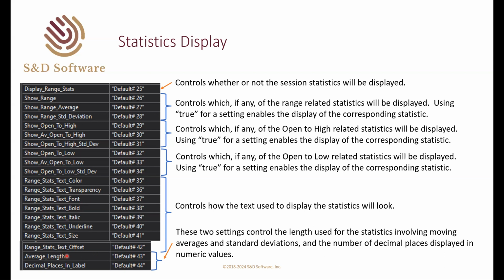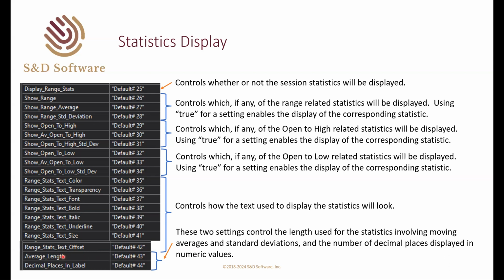Down here, the next two, this is setting number 43. You can see the reference numbers here for the settings. All the settings that are under OSF control have reference numbers. For some people, it's a lot easier to find the settings by the reference number than by the name.